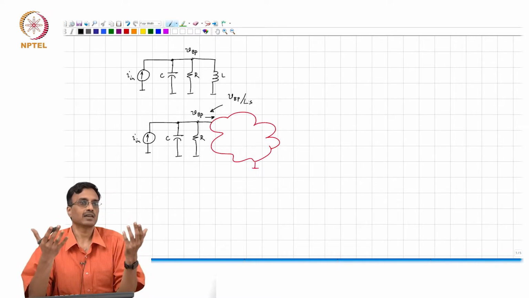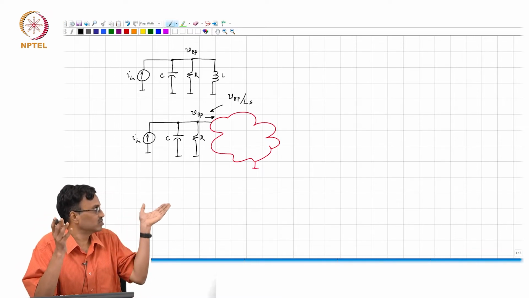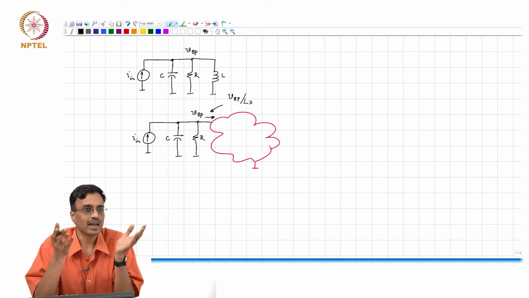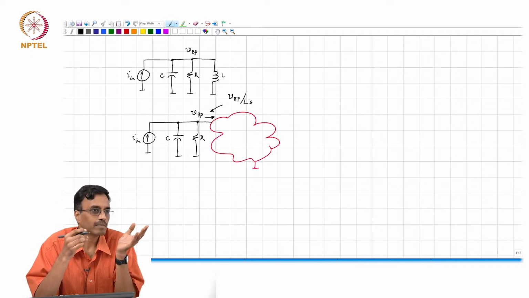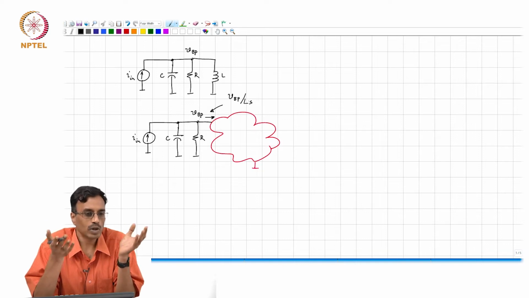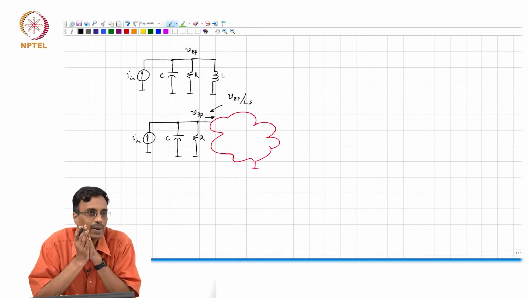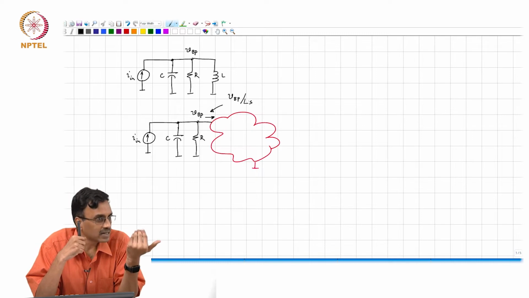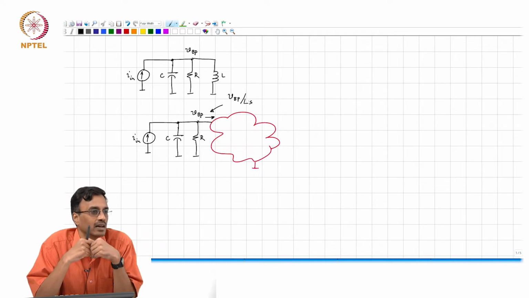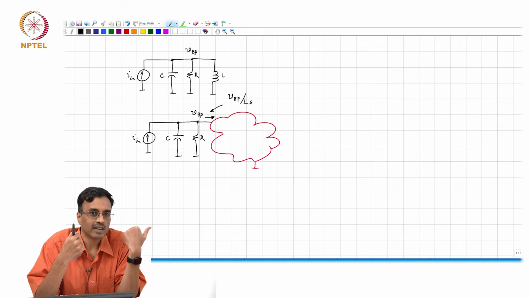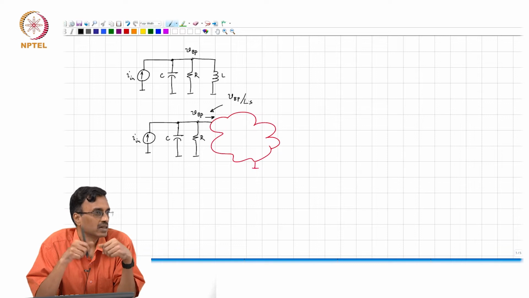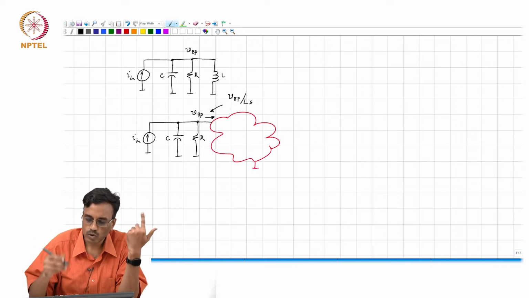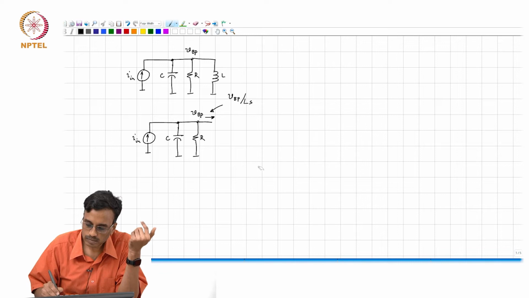Since we need integration, the only other element we know that can integrate is a capacitor. Unfortunately, a capacitor integrates current and generates a voltage, whereas here we need to integrate a voltage and generate a current. So what do we do?